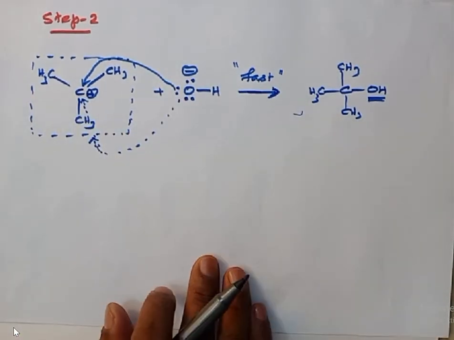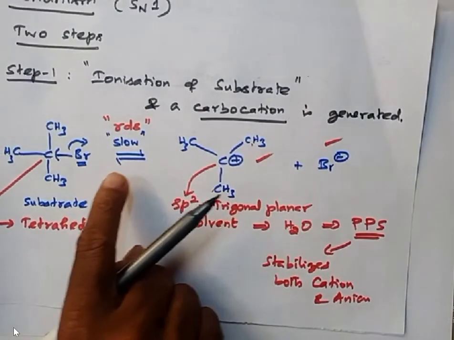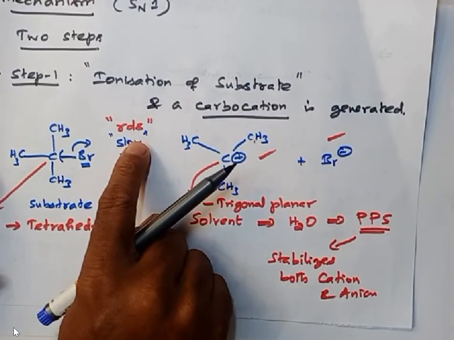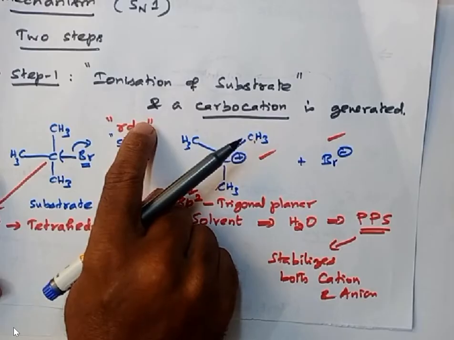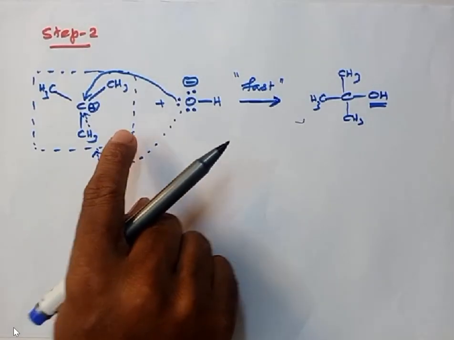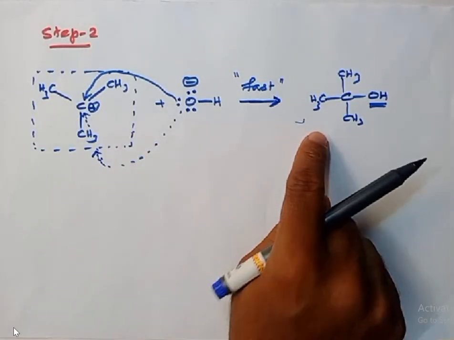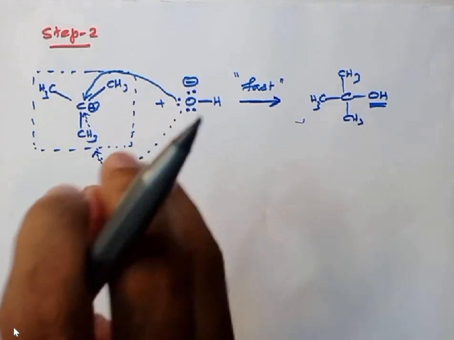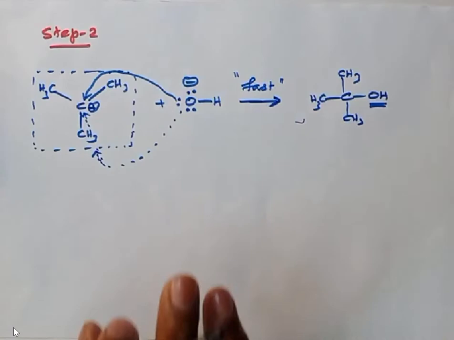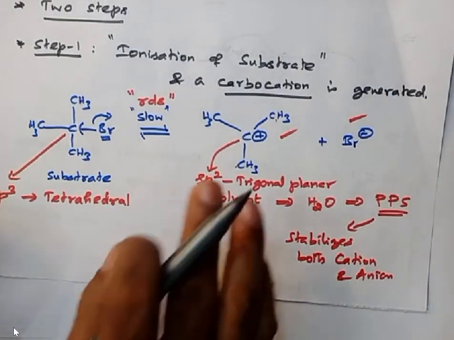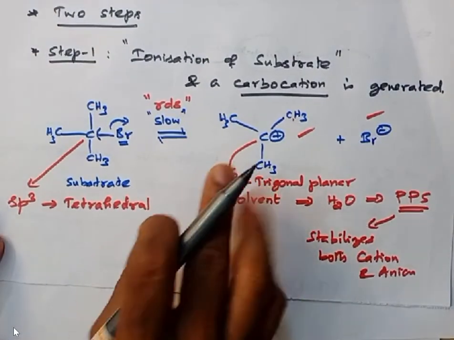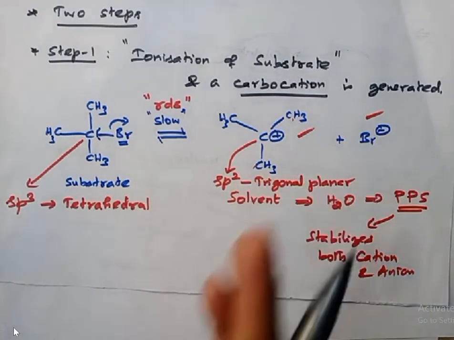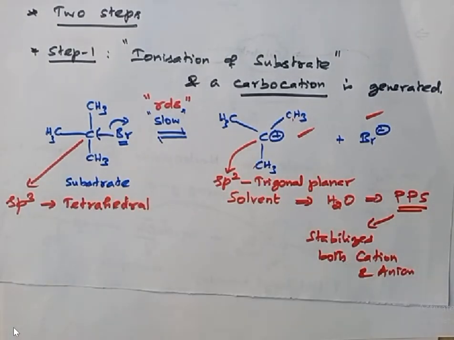In the Sn1 reaction, the first step is a reversible and slow step, that is the rate determining step. The second step is a fast step. We usually do not focus on fast steps. Most of the time we focus on step 1, that is the slow step, right?